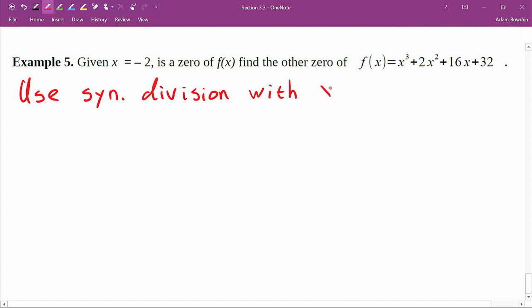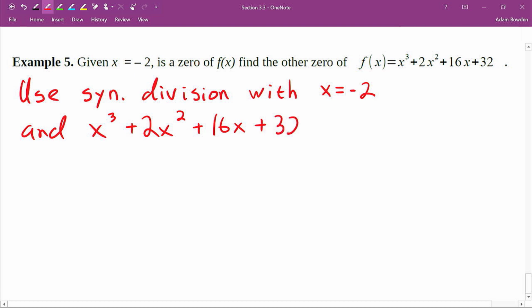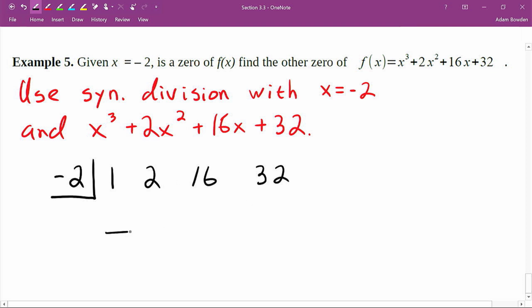In this case, we'll be using the x equals -2 and our polynomial function x cubed plus 2x squared plus 16x plus 32. To set up the synthetic division here like we've done the last few times, we'll start with the -2, and then we'll put 1, 2, 16, 32, and run through the synthetic division process here.